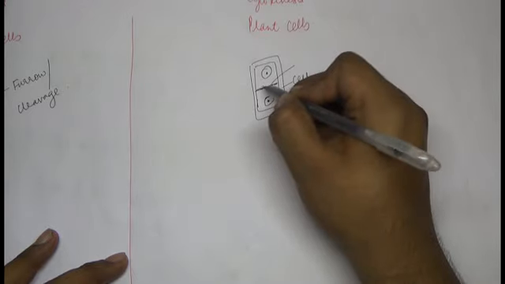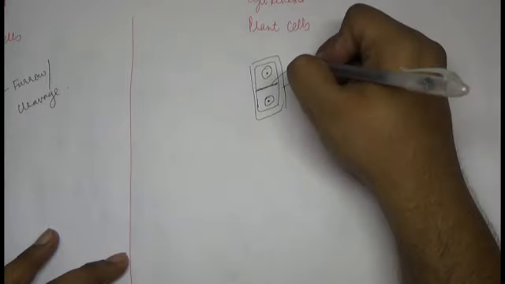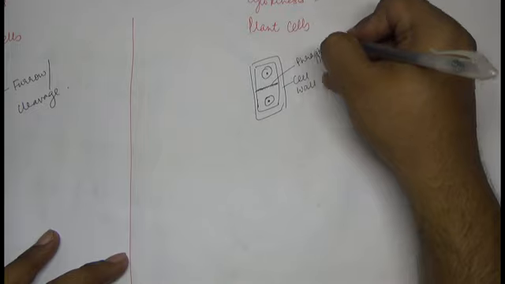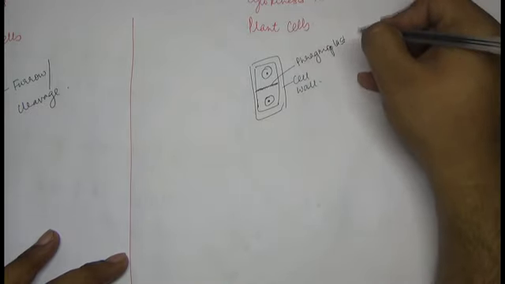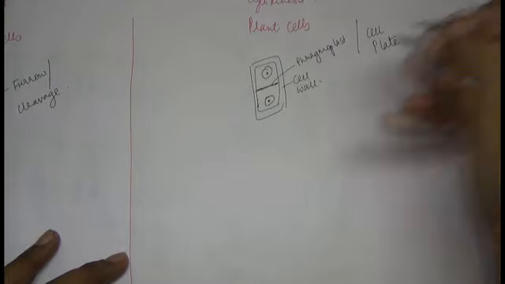This will further have depositions of cellulose and other carbohydrate to form a structure called phragmoplast, or it is also called the cell plate.